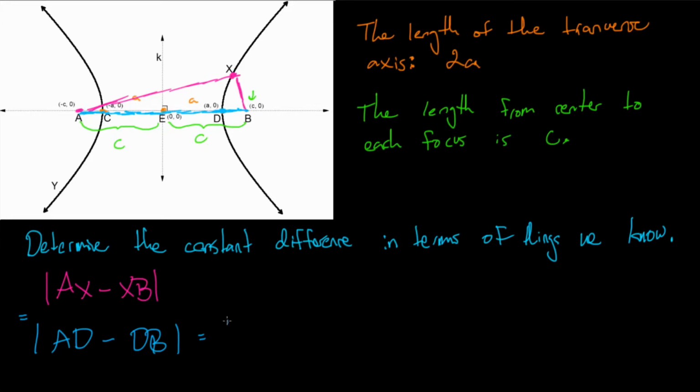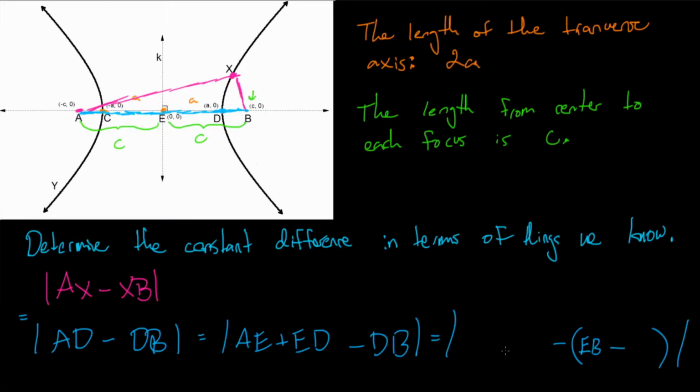I'm actually going to break that down. AD is congruent to the segment AE plus ED. And then we're subtracting DB. Similarly, using the segment addition postulate, DB is going to be EB minus ED.